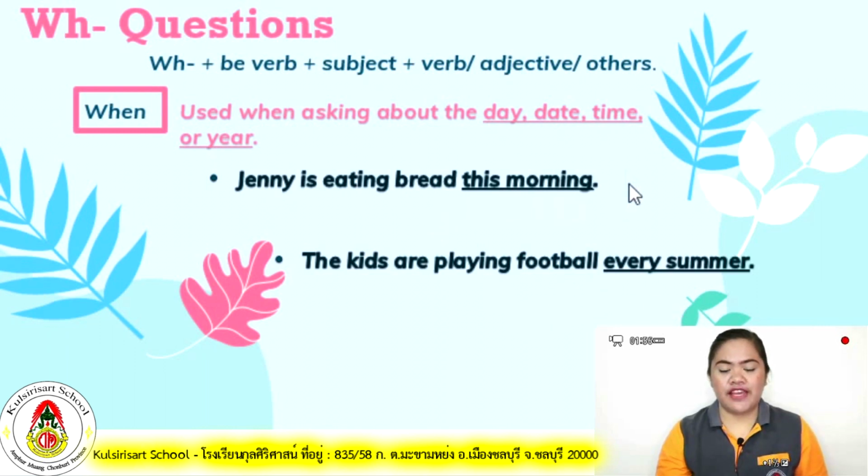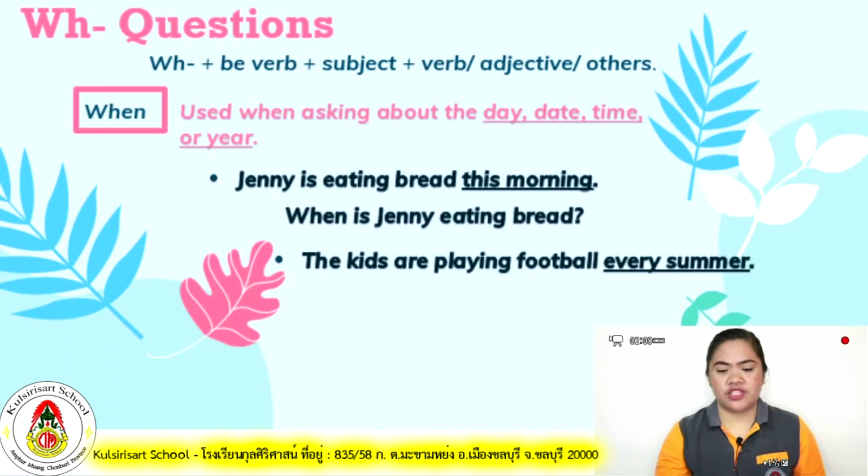The answer in your WH question should be this morning for the first sentence, and for the second sentence it should be every summer. So the WH question for sentence number 1 is, when is Jenny eating bread? Can you read it for me?